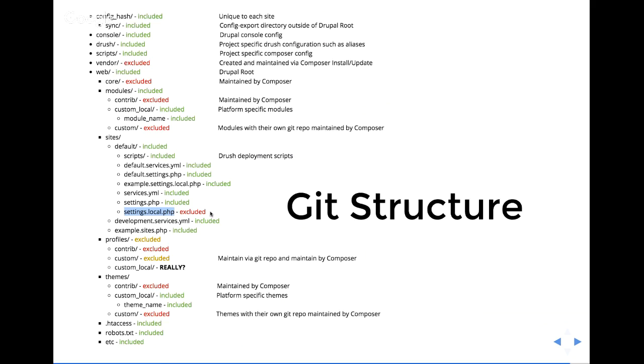Just really quickly for those that aren't familiar with it, this is basically like the password and username for my local instance of MySQL, or local variables for your site. You can set it up in here to enable specific modules on dev, or on local, or on QA, or on production, all depending on environmental variables.